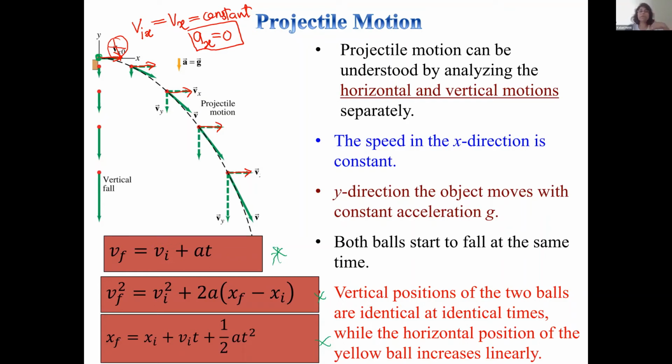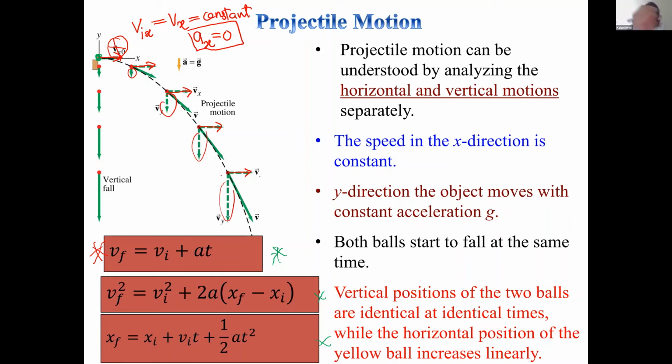But in the y direction, what will happen? We know it. The y direction velocity is increasing linearly according to your velocity equation. It's a linear relation of the velocities. So your velocity vector in the y direction will keep increasing because of the acceleration 9.80 that we have in the downward direction.